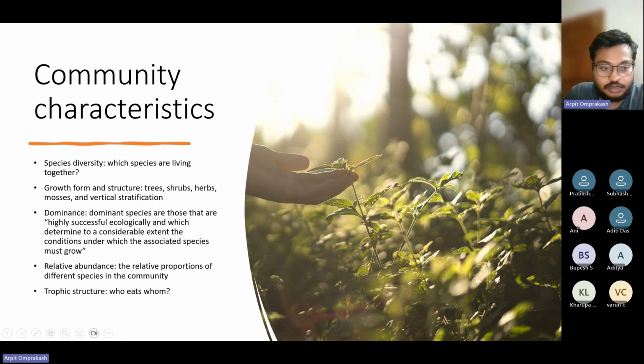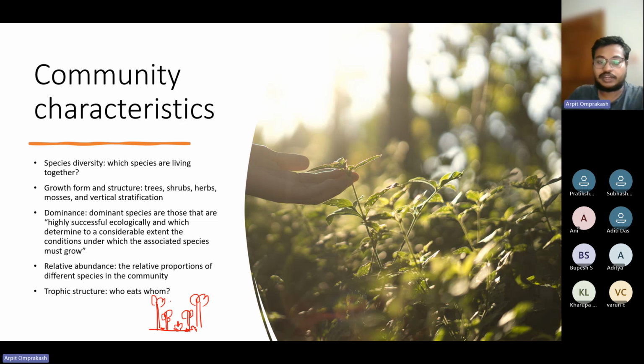So, for example, in a rainforest community, you might have very tall trees followed by some shorter trees, then very small herbs and shrubs, and then maybe even some mosses or ferns. Right, so there's a vertical stratification.